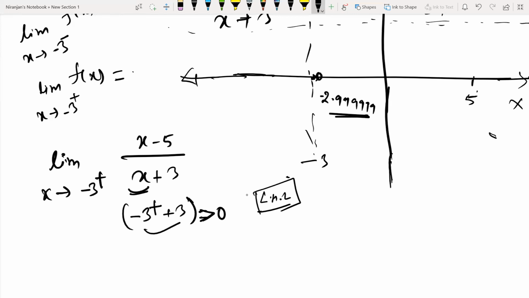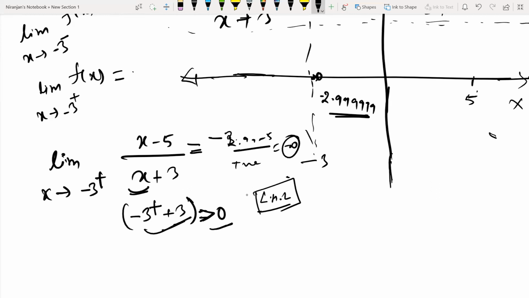If you add 3, you get a positive value. The numerator is actually a negative value, 2.999 minus 5. And the denominator is something positive, so this is going to be minus infinity.